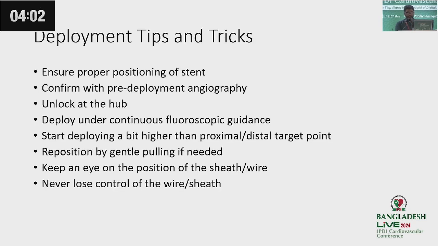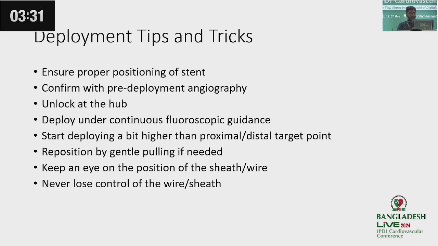Deployment tips and tricks. Ensure proper positioning of the stent so that we cover the lesion properly. Confirm with pre-deployment angiography, check with dye whether it is properly positioned or not, unlock the hub, and deploy under continuous fluoroscopic guidance.